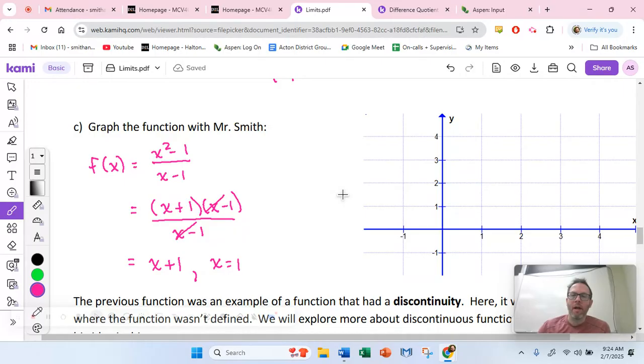What this graph would look like is just the line x plus 1, y-intercept of 1, and a slope of 1, except at x equals 1, there's a hole in the graph, kind of like this. So this is what the graph of our function f of x would look like. It's just a linear function with a hole in it at the point (1, 2).